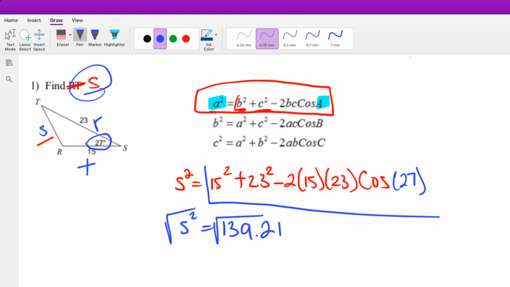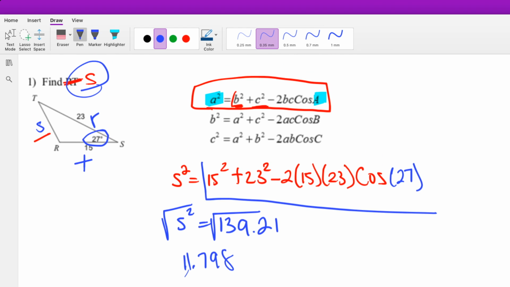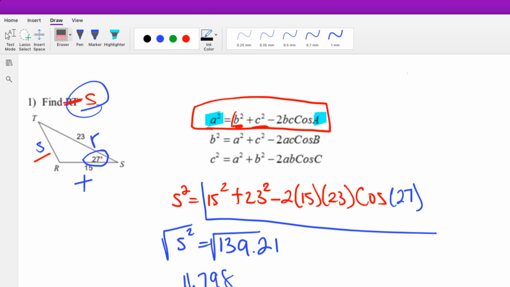And we get 11.798. Okay, and then you can round that however your teacher wants you to round. I'm just going to leave it like that. And there we go. That is our missing side length.